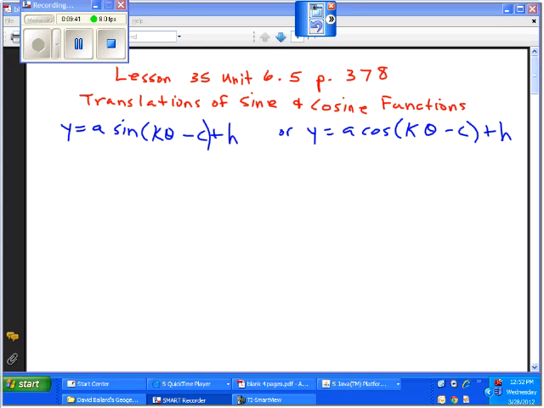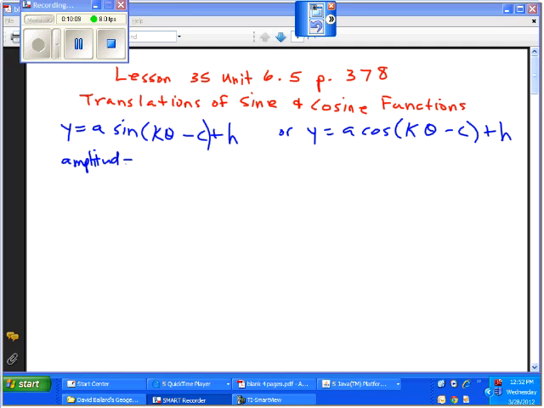Wow. If we're going to graph, we need to know the phase shift, the amplitude, the period, and the vertical shift. Okay? So we're going to need to know which way that thing's going. Okay, so let's just talk about that. How would we find amplitude?